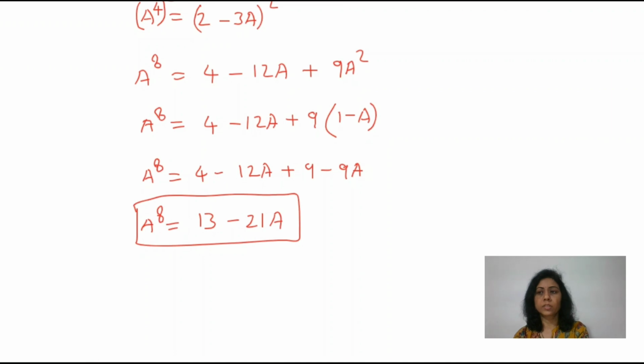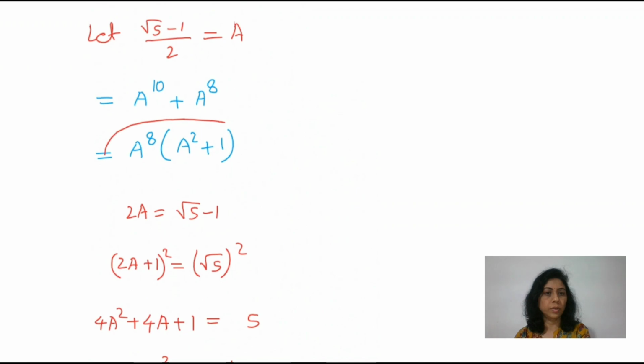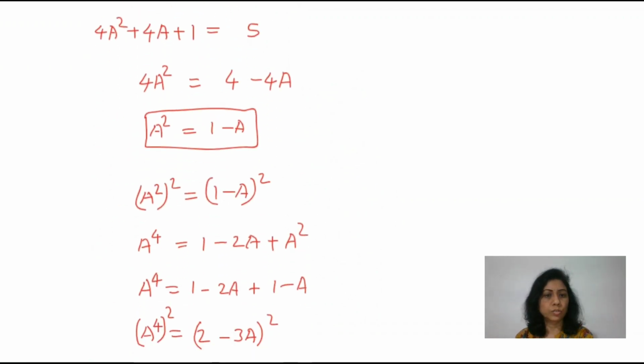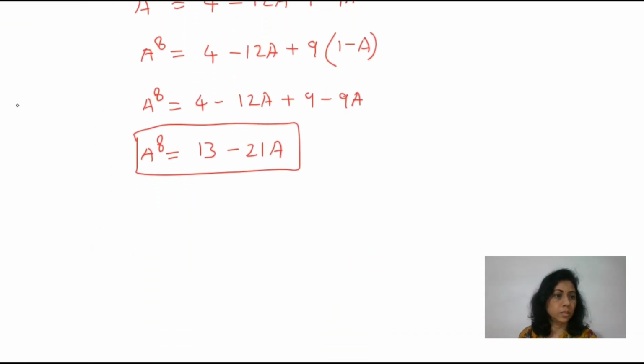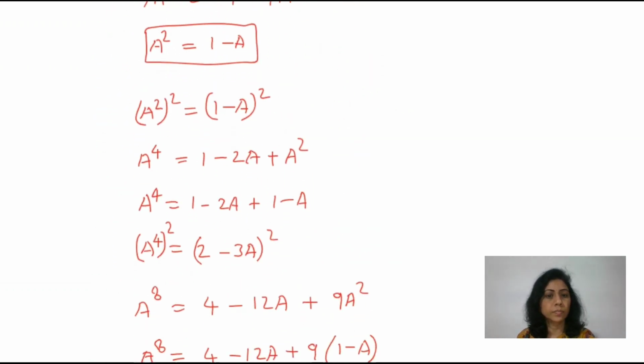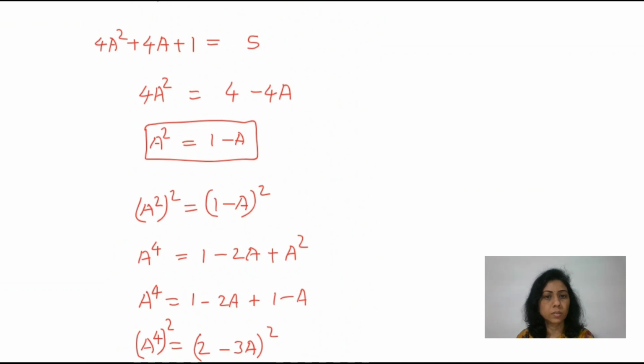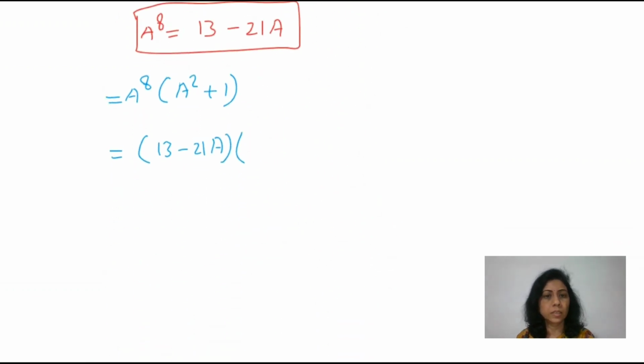We can substitute this value. The expression was a^8 (a² + 1). What is the a^8 value? 13 − 21a. And the a² value is 1 − a, plus 1.